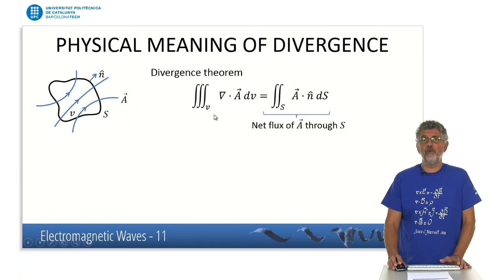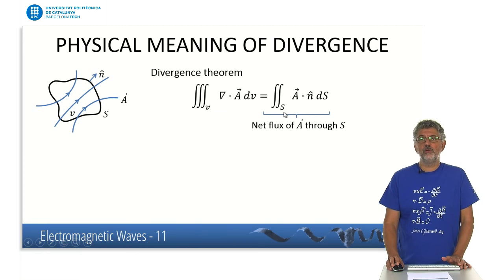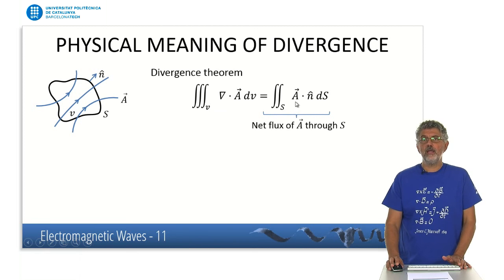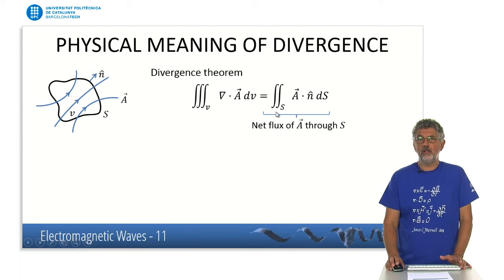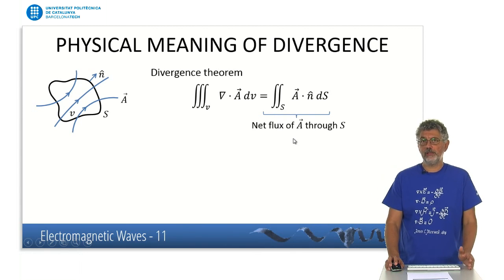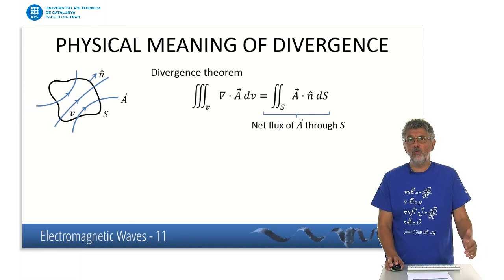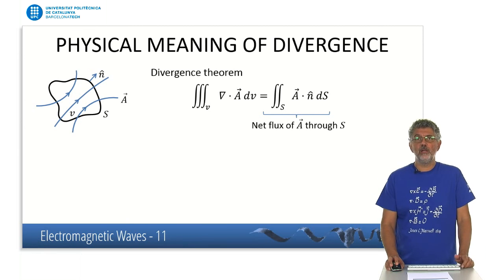It says that the volume integral of the divergence of A equals the surface integral of A dot product with N. But we can see that the value of this integral is just the net flux of A through S. When we say the net flux, we just mean the overall flow of A through S.